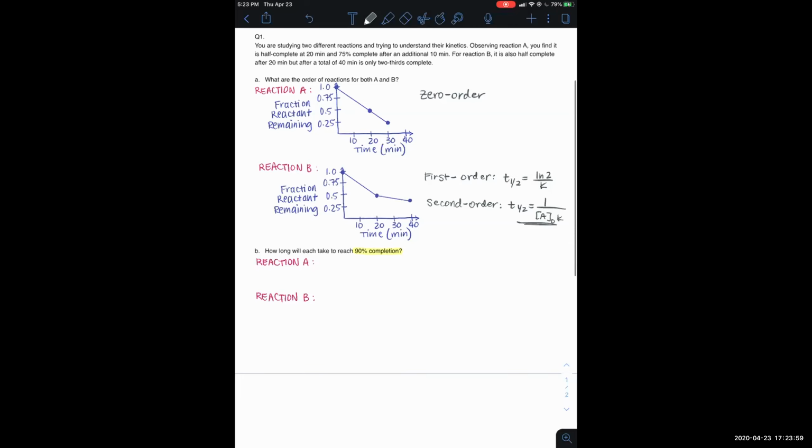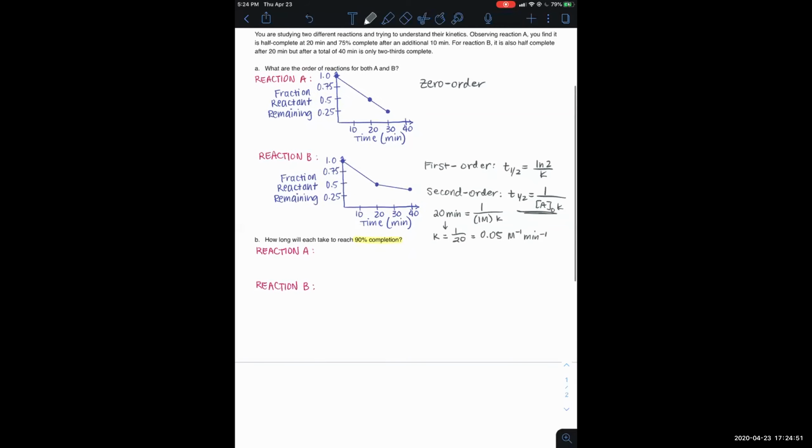At 20 minutes, or 20 minutes is the first half-life, and 20 minutes equals 1 over the initial concentration, which, to make calculations simpler, we can say is 1 molar, times K. Then we can solve for K and get K is equal to 1 over 20, or 0.05 per molar per minute.